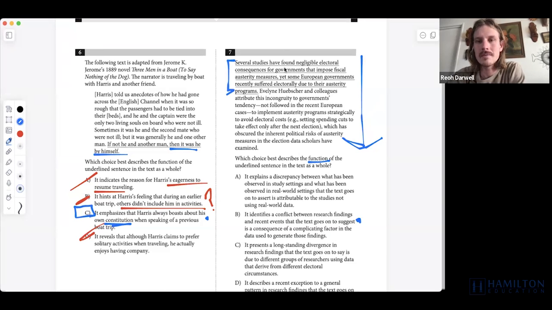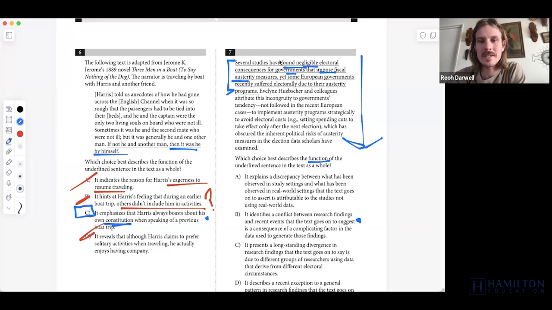So while several have found negligible, meaning small or insignificant, consequences for governments that impose fiscal austerity, that means basically limiting government spending, especially spending that benefits normal people.